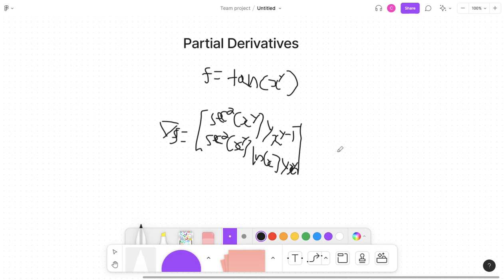And that's basically the basic idea of partial derivatives.